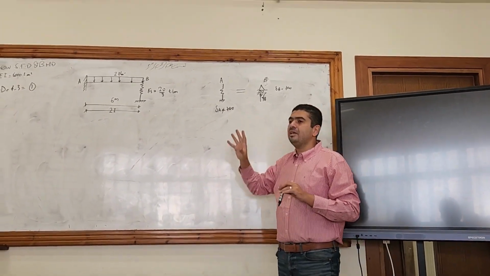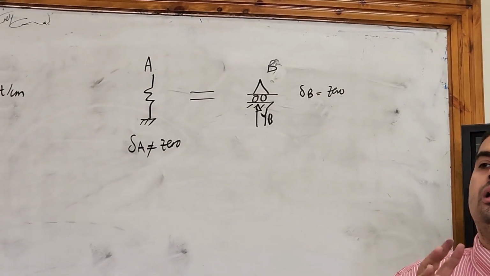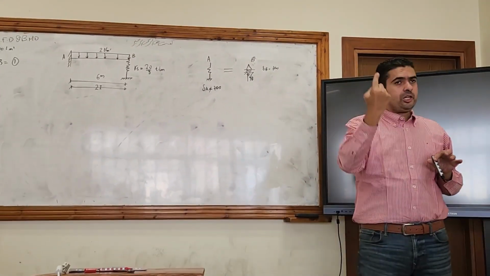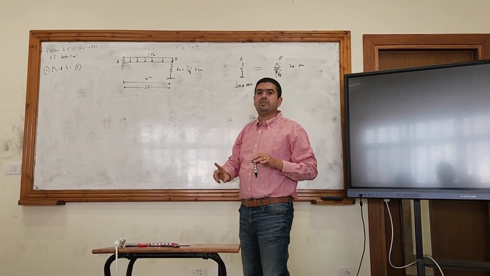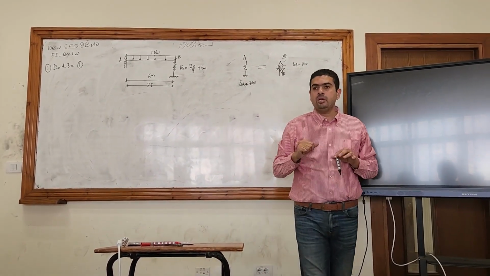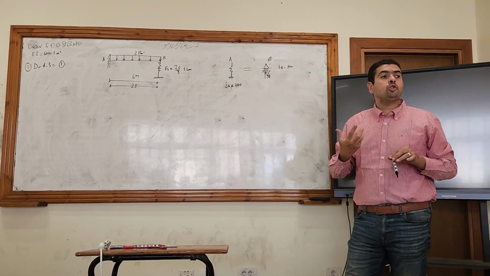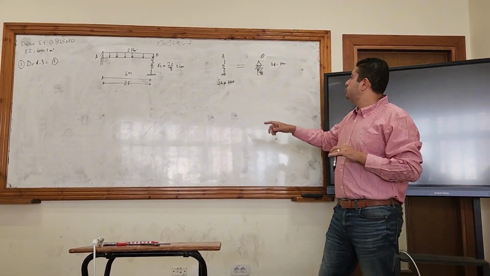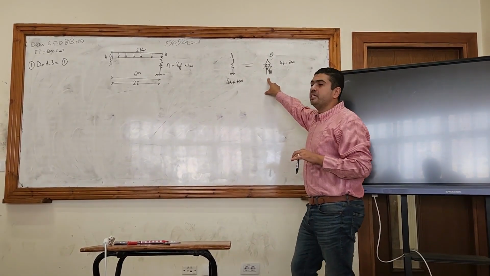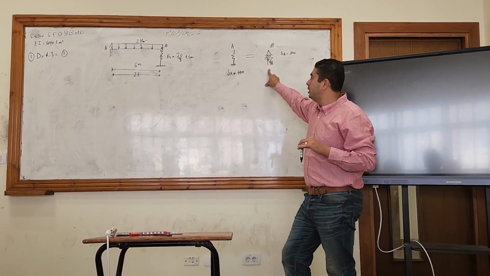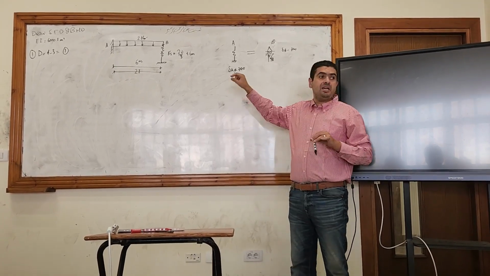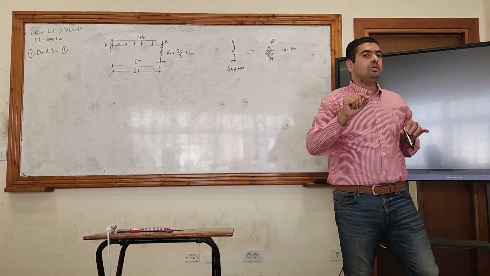They are only the same in that it has one reaction, like the roller support, which is vertical. But the behavior is totally different. For the roller support, the vertical displacement equals 0, but the vertical displacement at the spring does not equal 0.